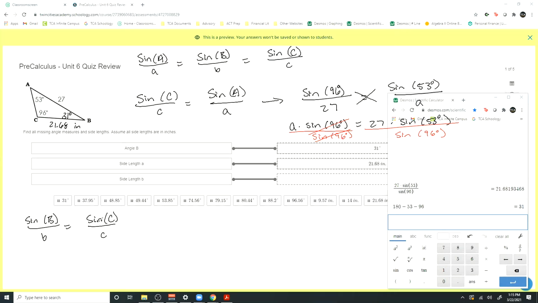Let's fill in what we know. So this would be the sine of 31 degrees over some unknown b is equal to the sine of 96 degrees over 27.